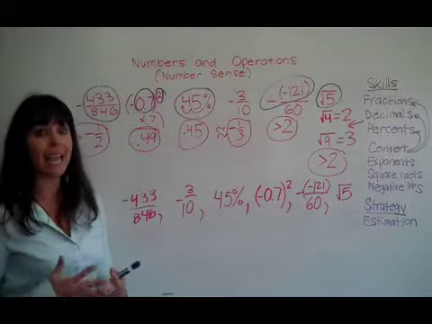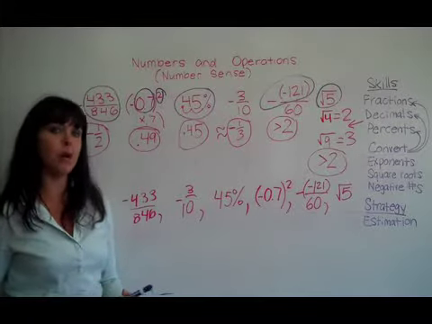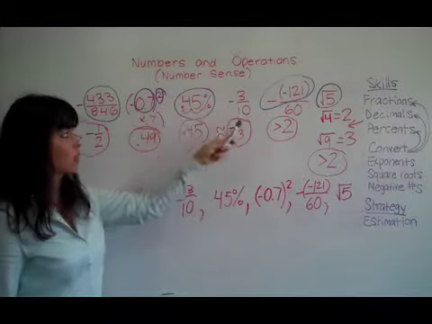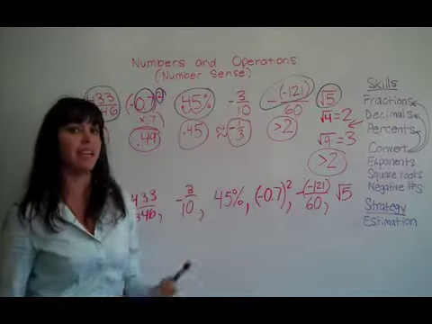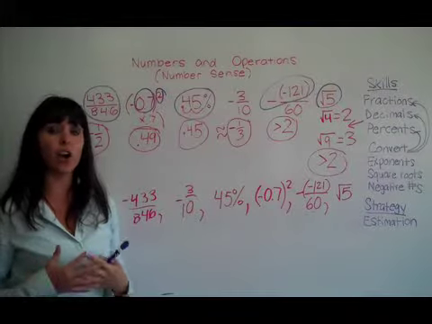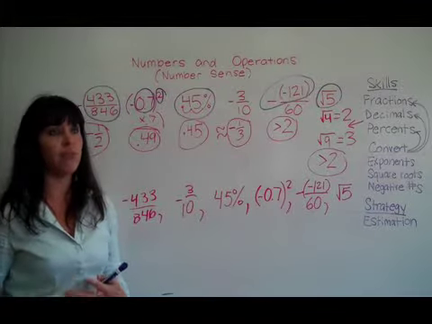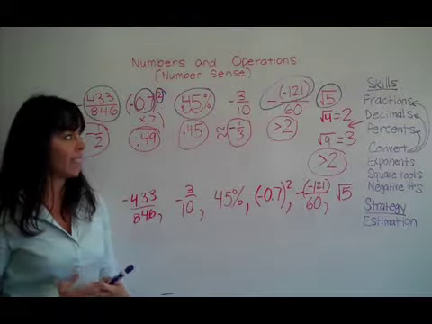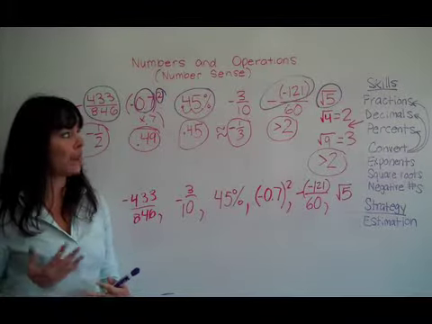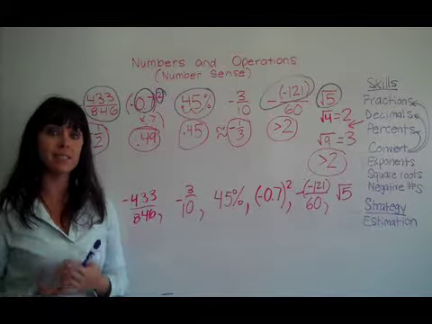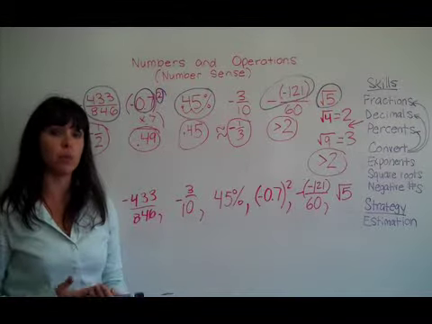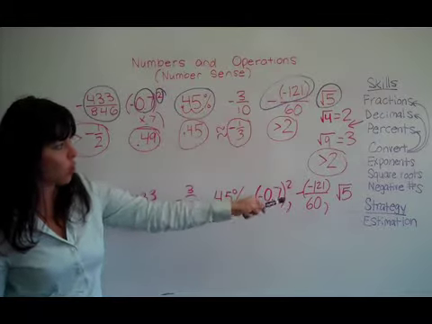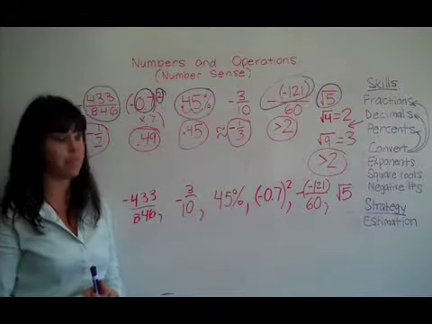Now, negative numbers in and of themselves, being able to deal with them, knowing the rules of negatives when combined with exponents, when multiplying a negative times a negative, those skills are incredibly valuable and very, very heavily tested on the ISEE. So again, take a minute and rate yourself on a scale of 1 to 5, 1 being the least comfortable, 5 being the most comfortable, with how you feel about each one of those skills.